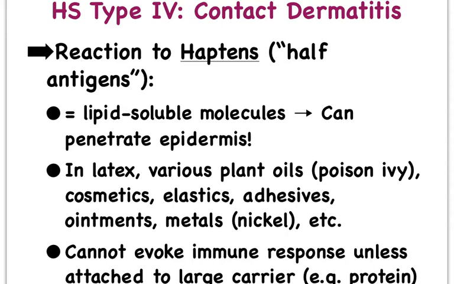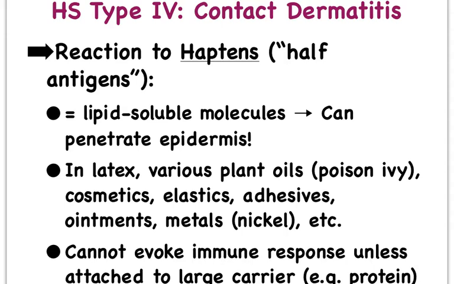It needs help from something else, usually a protein. We call it a carrier that helps it out. Haptens on their own are lipid soluble, and remember, anything that's lipid soluble can very easily diffuse through the cell membrane. Therefore, if you rub against a poisonous plant, that hapten can very easily penetrate into your epidermis.